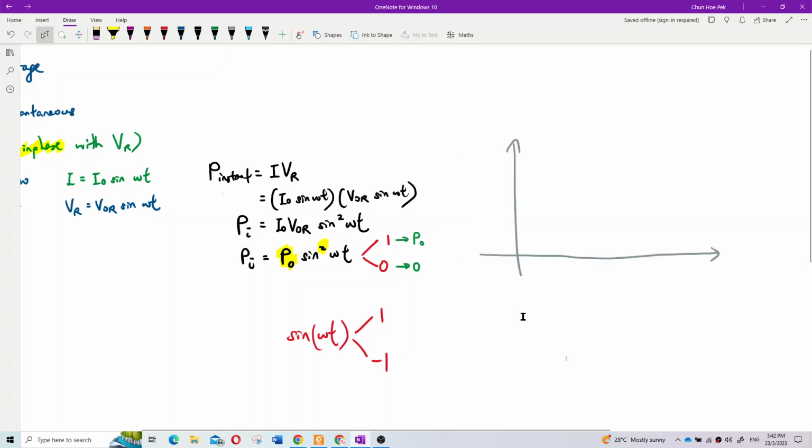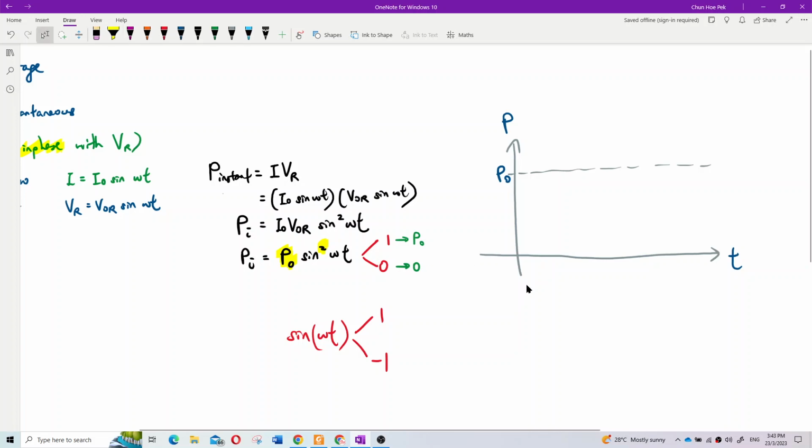So what's the graph? Power versus time. Does the graph have negative value? No, it only has positive value, and the maximum is P naught, because sine square omega t can only be at most 1. It cannot go to 2 or what. So the maximum is still P naught, and the minimum is 0.